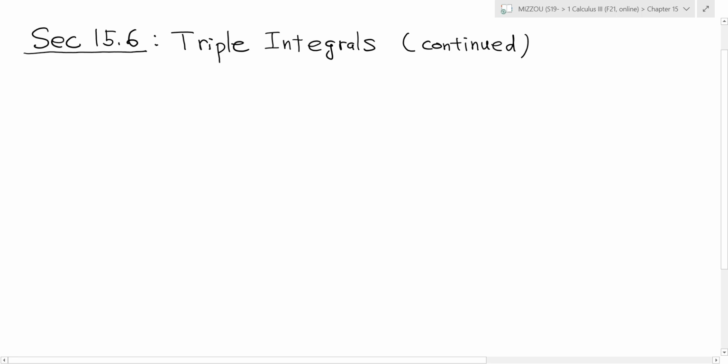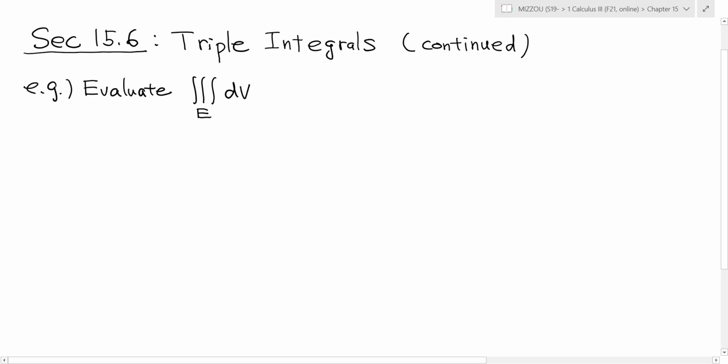The first one is this. Evaluate the triple integral of dV, meaning that the function you integrate is the constant function 1. The integrand is the constant function 1, so that's why we omit the 1.